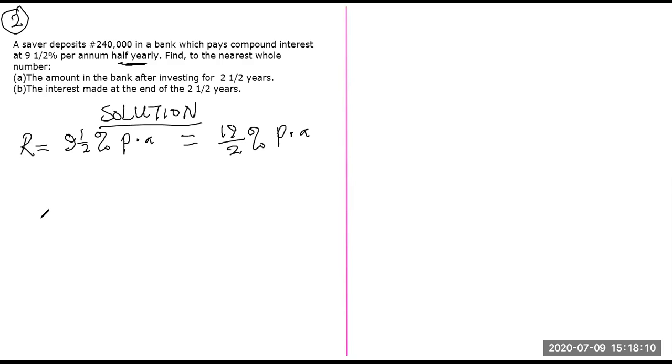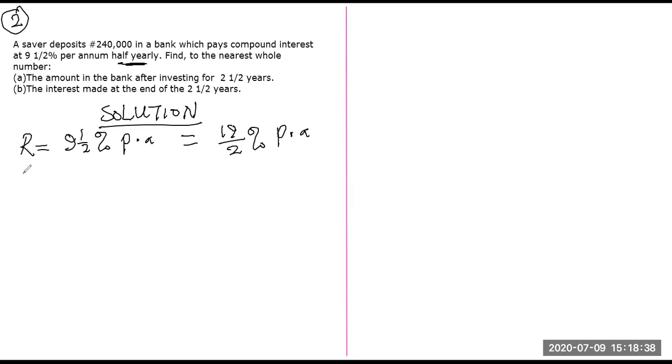In some textbooks you might see it in another way. This statement, 9.5% per annum half yearly, can also be given to you as 9.5% per annum reckoned half yearly, or with interest reckoned half yearly. So that's another way they can give you that statement. Now we understand that.